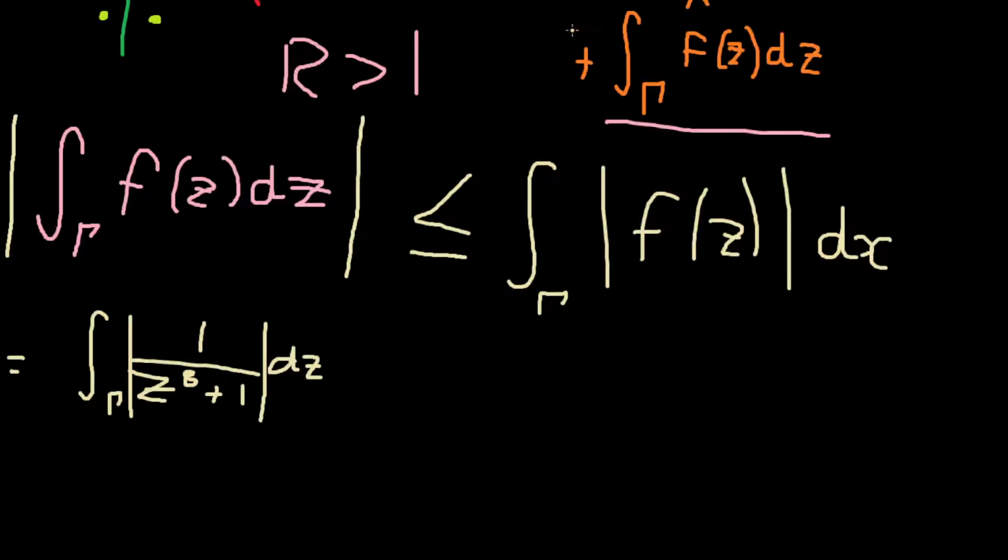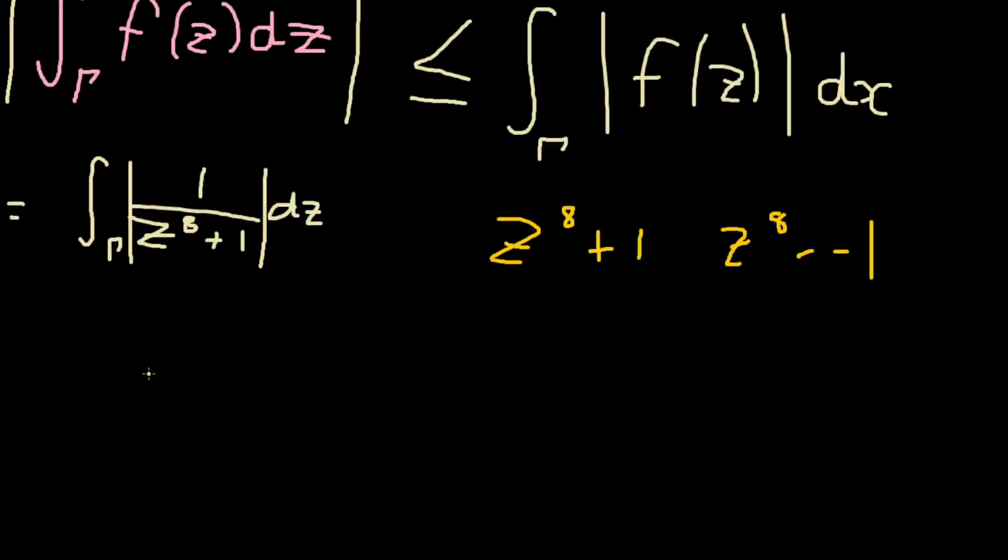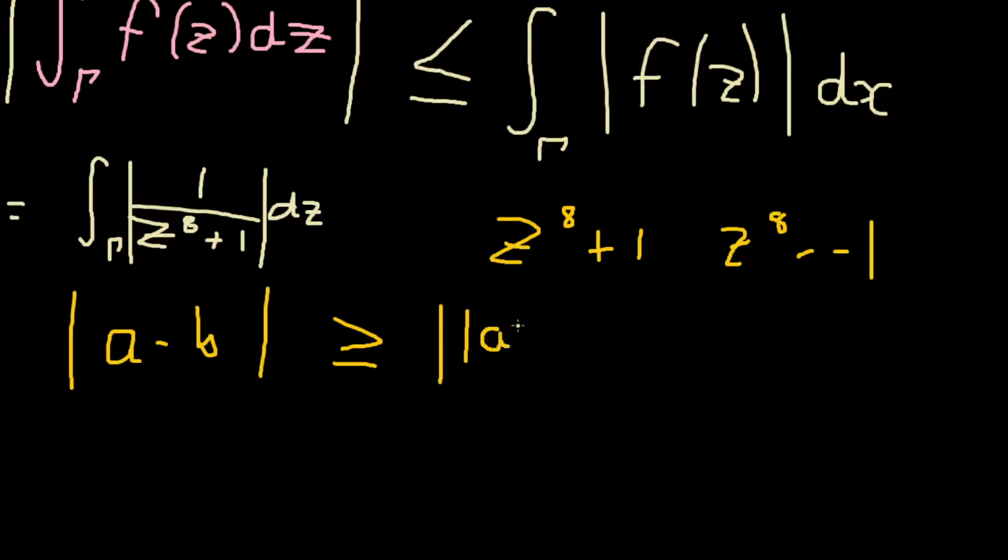Okay, and then we're going to study this denominator a bit more. So z to the 8 plus 1 can be written as z to the 8 minus minus 1. Now, the reverse triangle inequality states that the absolute value of a minus b is greater than or equal to the absolute value of the absolute value of a minus the absolute value of b.